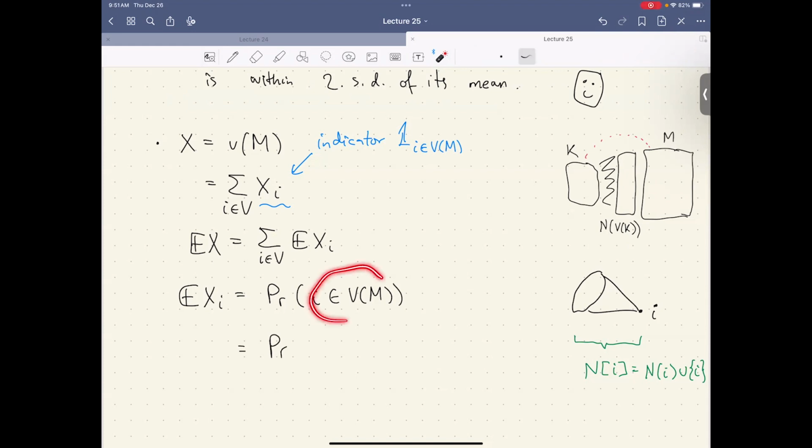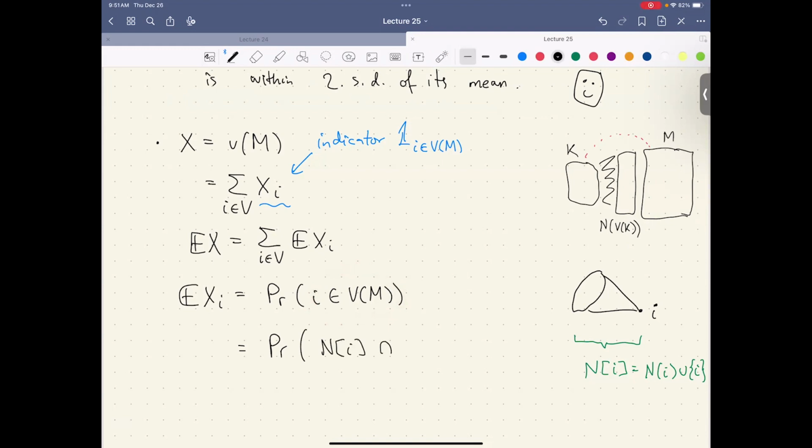This event occurs if and only if the closed neighborhood of i is disjoint from our random set K. So here's our graph K. i is here.